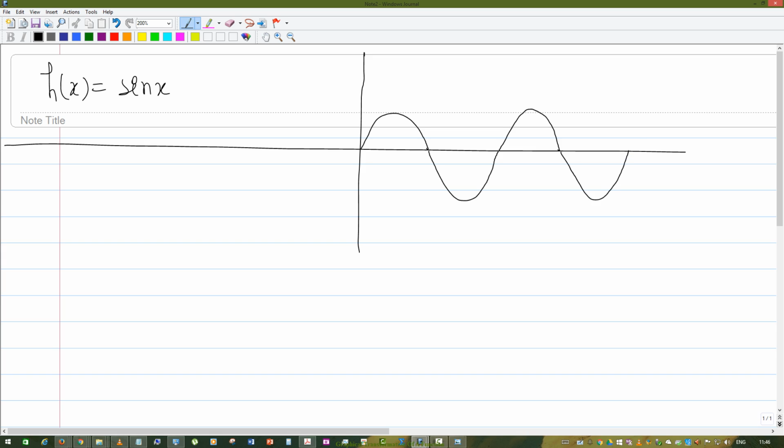It's a sinusoidal curve alternating between -1 and +1. Sin x is a bounded function. The values keep oscillating between +1 and -1.